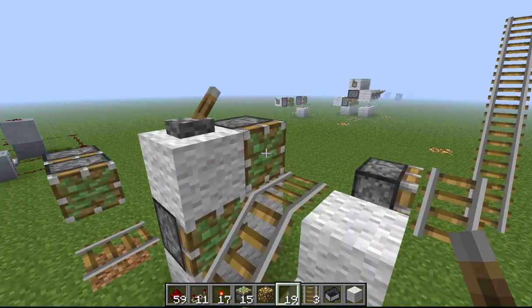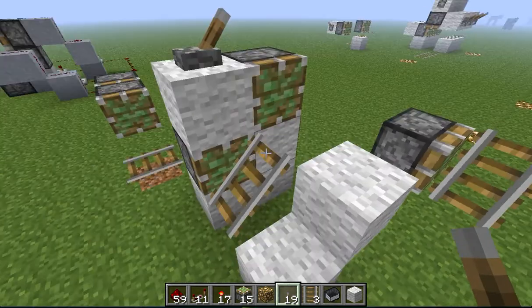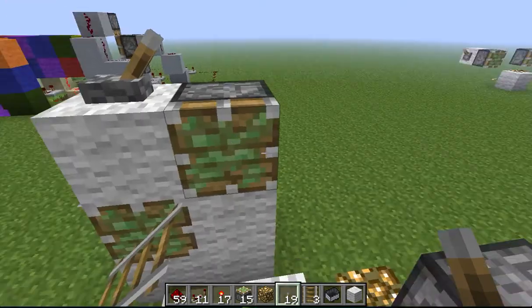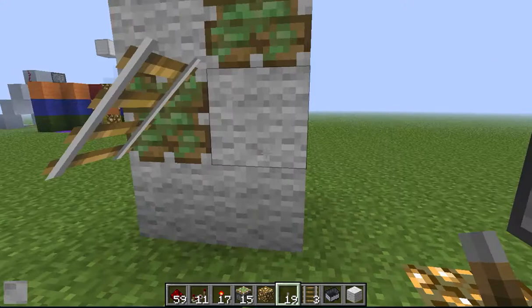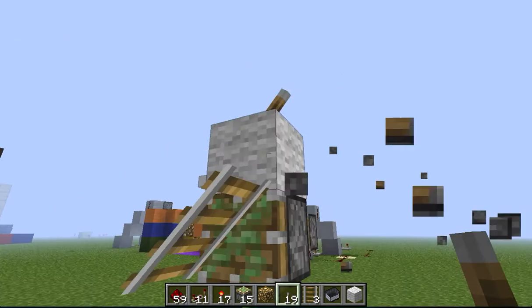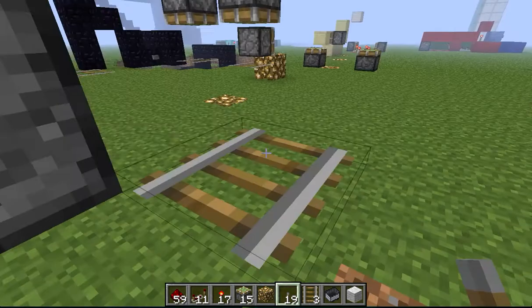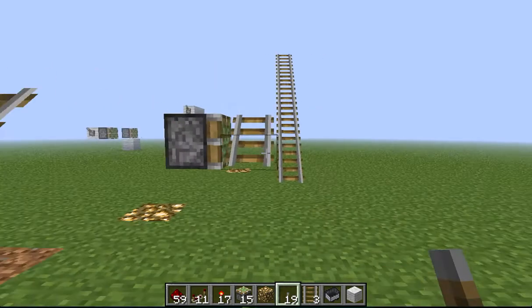Yay! And then I just broke this one because they're not actually touching each other, they're diagonally adjacent, and that does not trigger a block update. So I can break that block. So then you just break the extra and you have exactly what I have here.